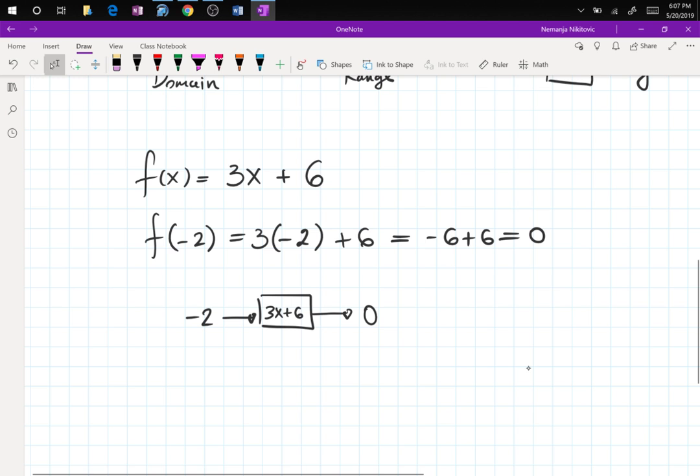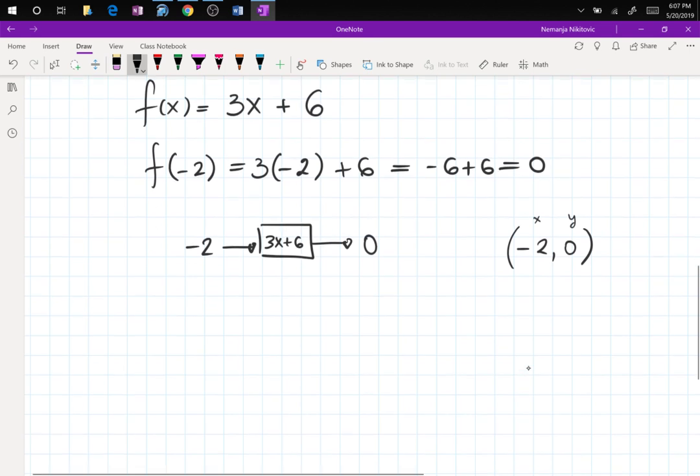It changed negative 2 into a 0. Now, we understand this as ordered pair negative 2, 0, where negative 2 is for x and 0 is for y. And we can graph that on xy coordinate system.